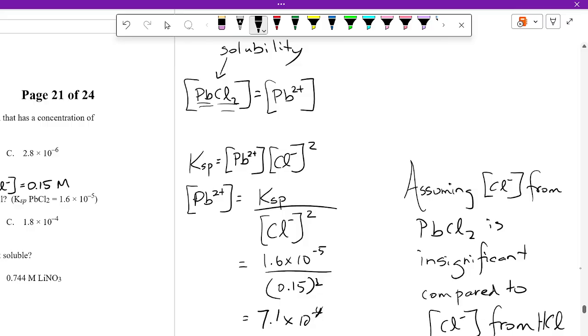And if it turns out that, let's see, chloride would be twice that, so that would be what? 7.1 times 10 to the negative 4 times 2 equals 1.42 times 10 to the negative 3.